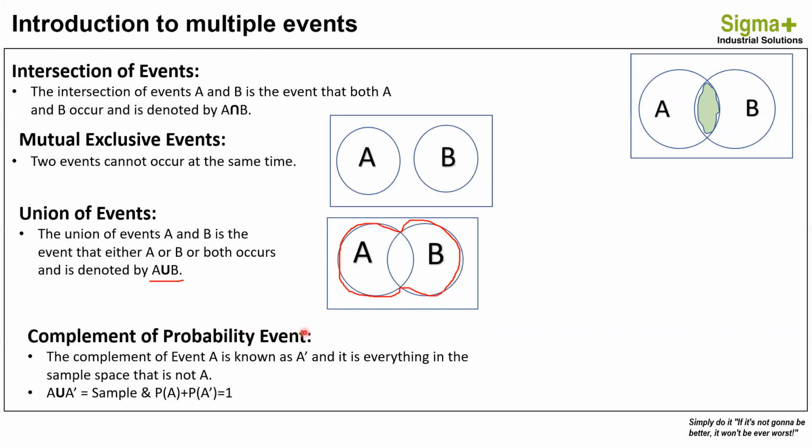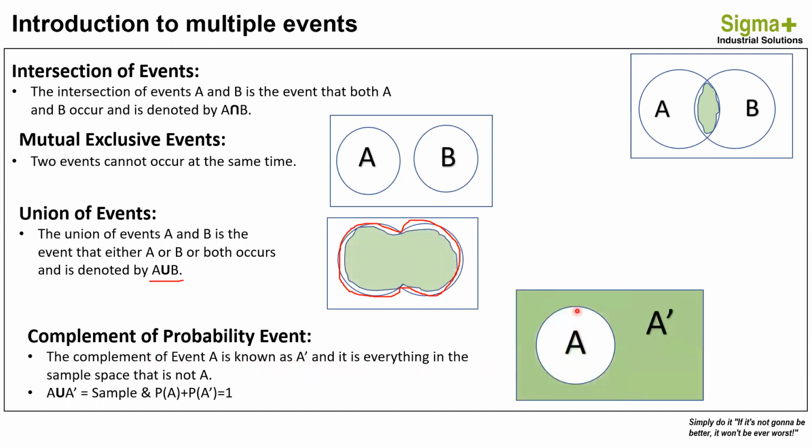So we also have to understand what we mean by the complement of a probability event. The complement of an event is denoted with a dash, so if it's an event called A, then A dash. And it's everything in the sample space that is not A, right? So if I look at the Venn diagram, we can see that this is the probability of an event A in a sample space.